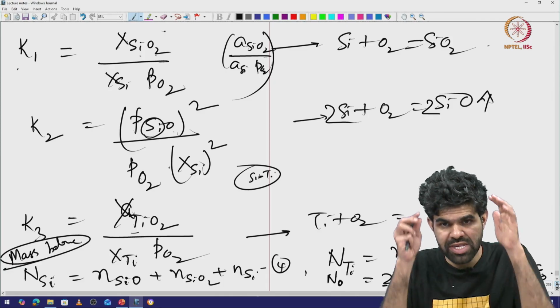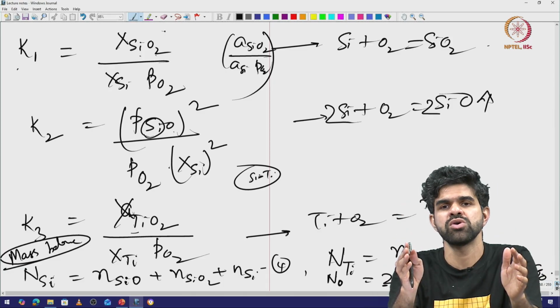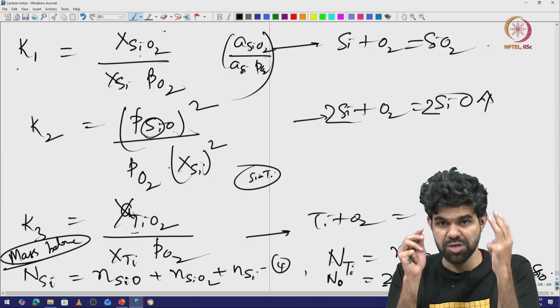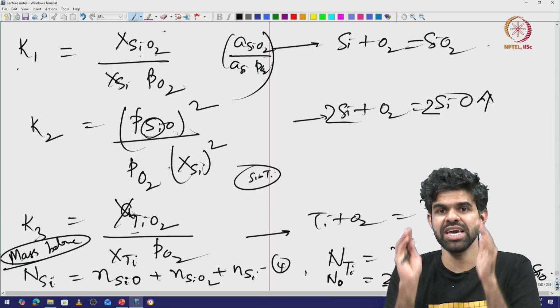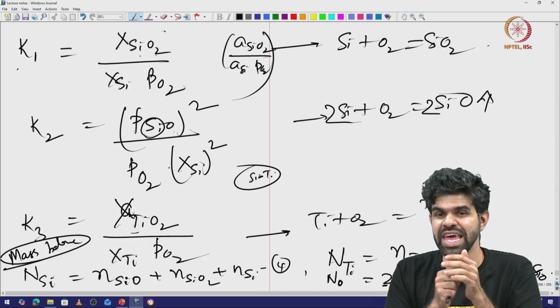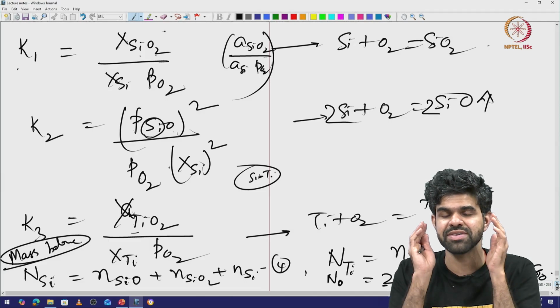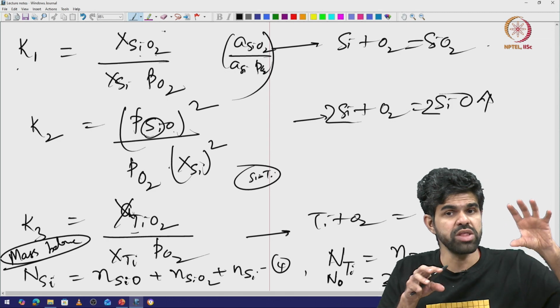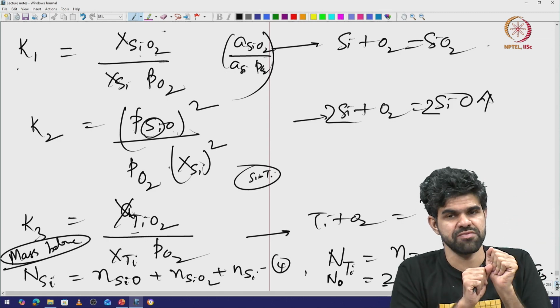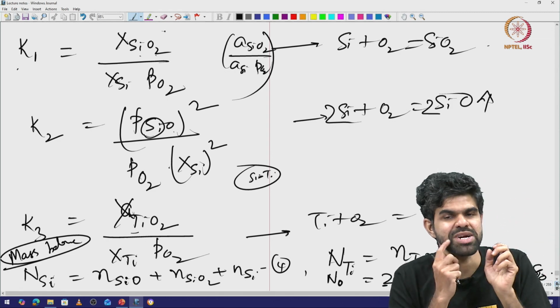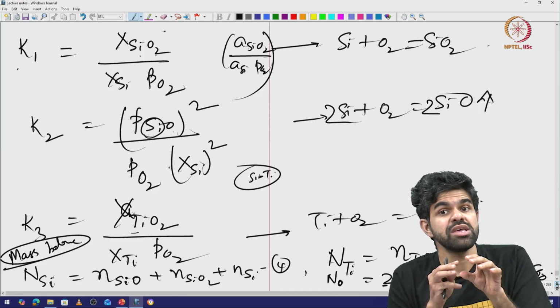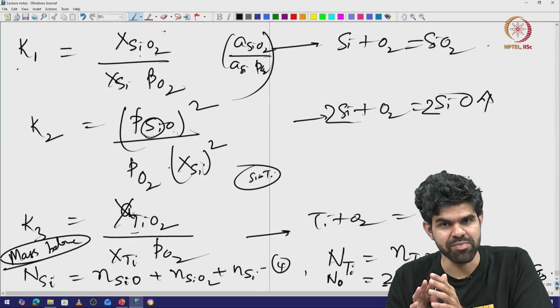But for growth I am just saying that I start with NO entities of oxygen, I start with NTi entities of titanium, right, and these entities are going to react in such a way that gives me the equilibrium condition, right. And then I am going to say, all right, these are the concentrations required for equilibrium.